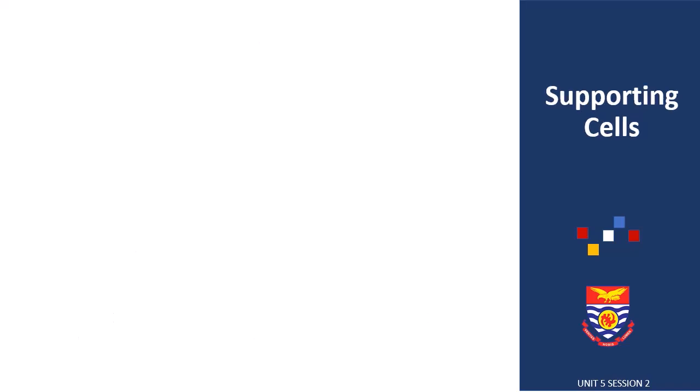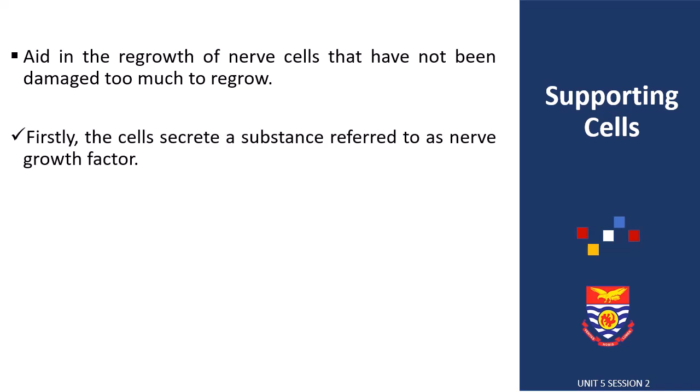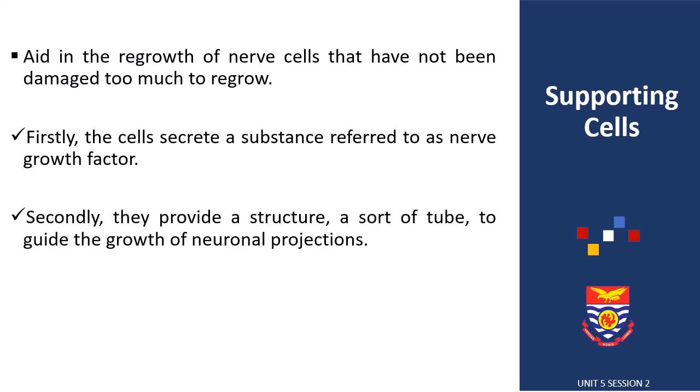For cells that are damaged but not beyond repair, supporting cells are able to ensure regrowth of such nerve cells, and they do so by secreting nerve growth factors. These growth factors ensure the synthesis of a tube-like structure to guide the growth of these neuronal projections.